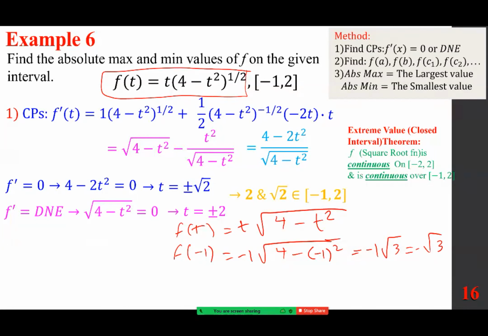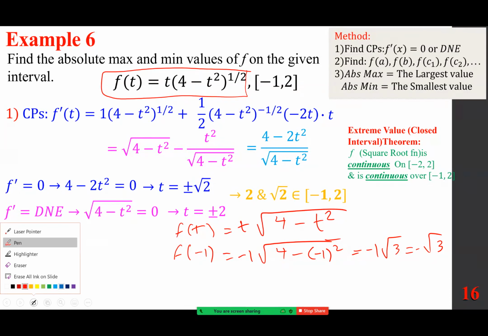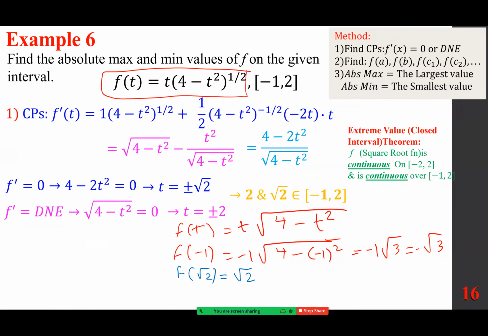If I want square root of 2, so this is square root of 2, square root of 4 minus square root of 2 squared.